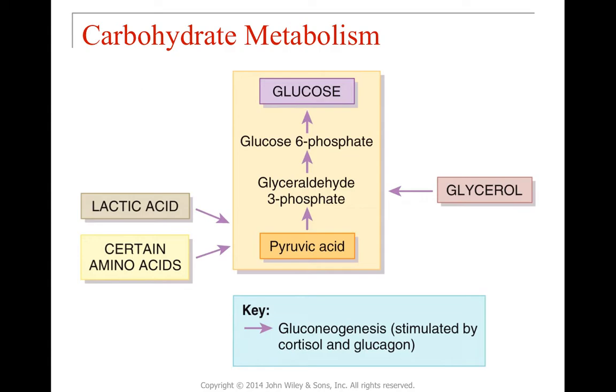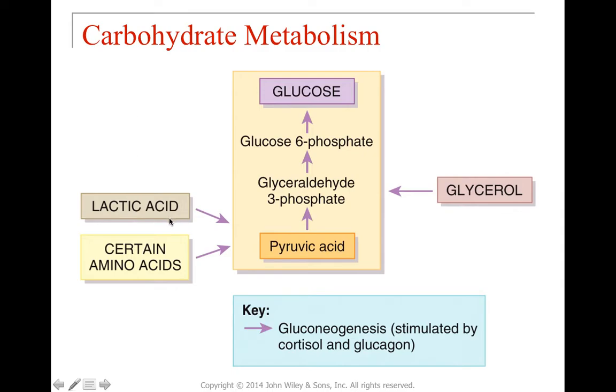All right, so this is basically showing you different gluconeogenic pathways. And gluconeogenesis, again, it's stimulated by things like cortisol and glucagon, and it can come from multiple different pathways. Now, it's not surprising that it comes from pyruvic acid and goes to glucose, because the opposite direction that we just talked about was glucose being broken into pyruvic acid and then being either sent into the Krebs cycle or converted to lactic acid.